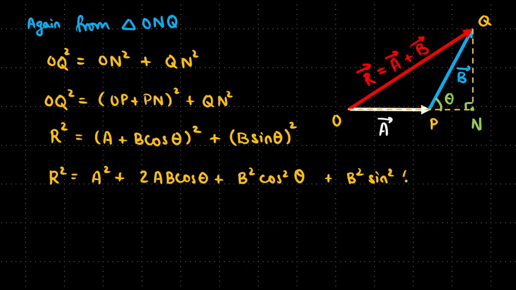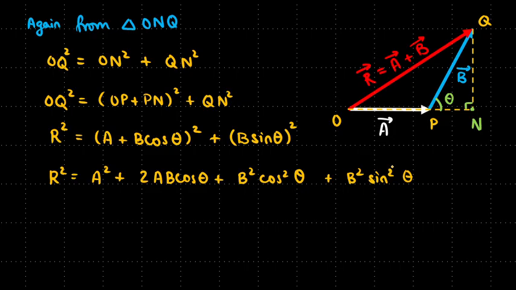So the question arises, why? This is just the expansion of A plus B whole squared, which is just A squared plus 2AB plus B squared. And now you can take B squared common from here, and you will get B squared bracket sine squared theta plus cos squared theta.